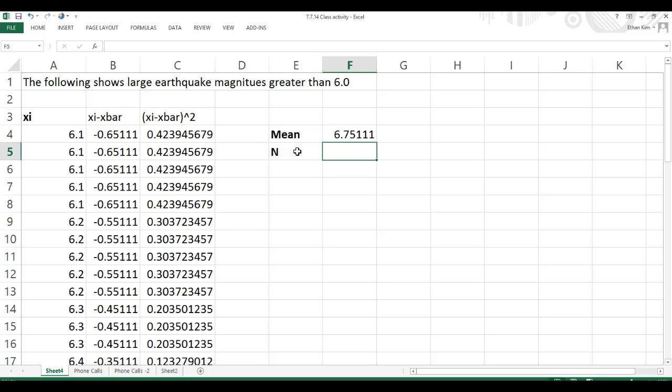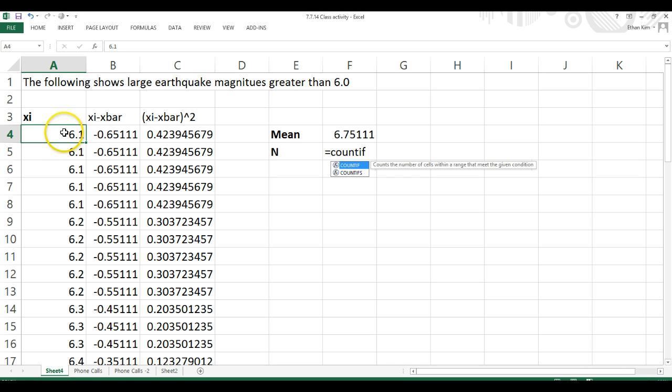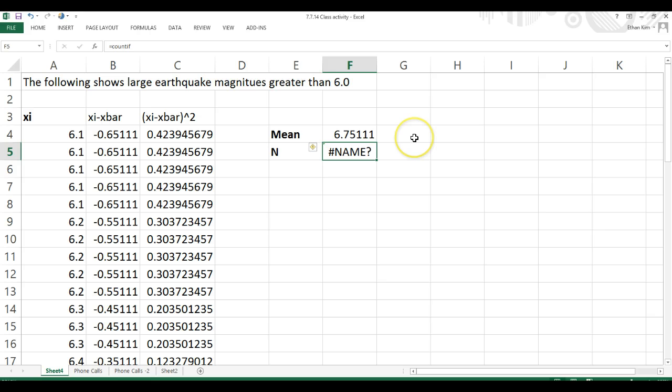So what we're going to do is COUNTIF. It just doesn't do count because the value here is already a number, so there is no function for counting. Okay, so we're gonna do COUNTIF. So we can do something like this.